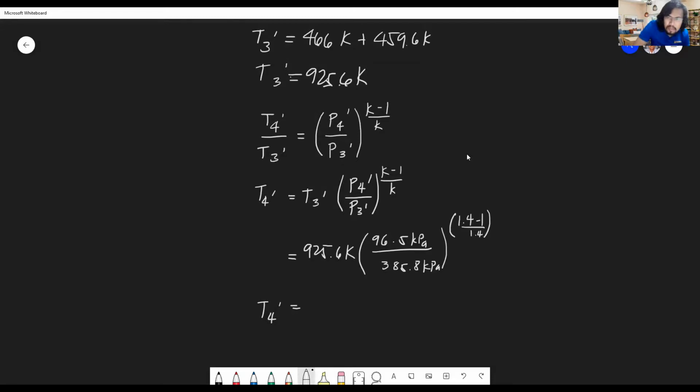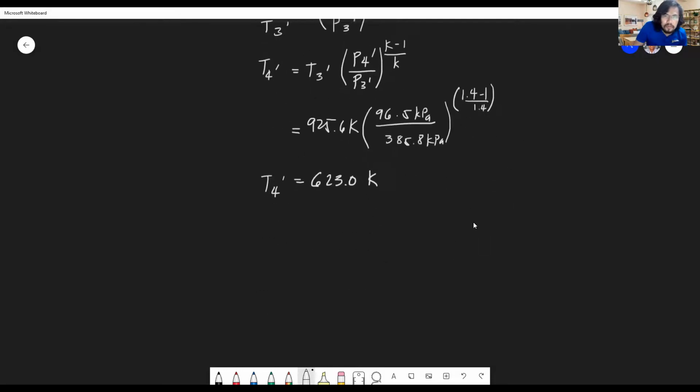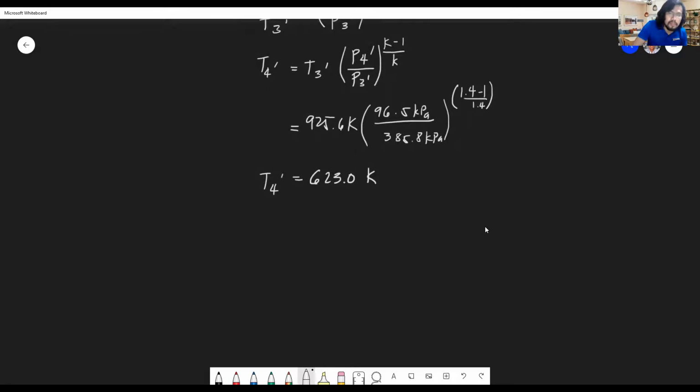We get 623 Kelvin. Now we're near to solving the final point, which is T4 double prime.